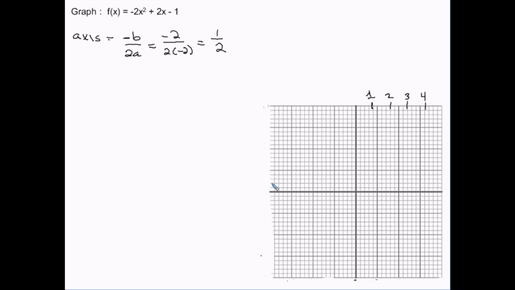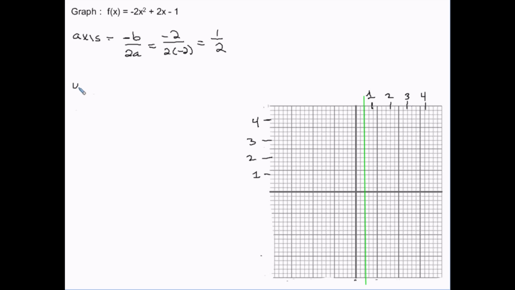I've got 1, 2, 3, 4 is going to be 1. 1, 2, 3, 4, 2. 1, 2, 3, 4, 3. 1, 2, 3, 4, 4. We're going to spread out that way. That'll make it easier to plot 1/2 because 1/2 is actually going to be 2 lines over, as opposed to halfway between one and another. So I'm going to plot my axis of symmetry at the 1/2 line. There's my axis right there.